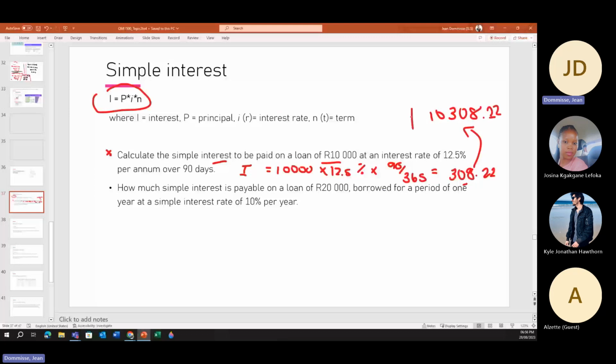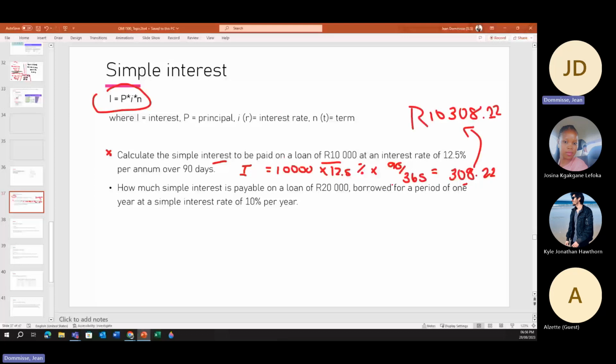So if you need to work out interest, it's straightforward: use the formula, the principal amount times the interest rate times your time period. Also, what is important is that when we look at time periods of days, we use 365 to divide. They don't need to tell us that.